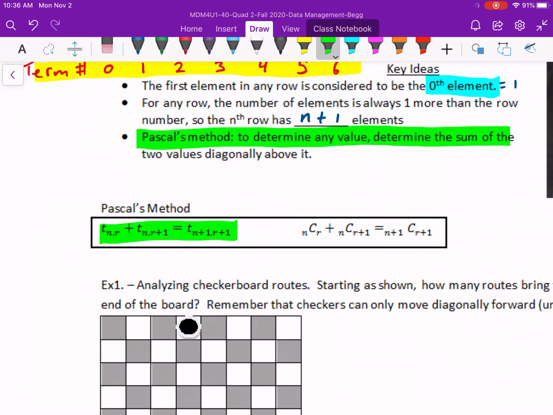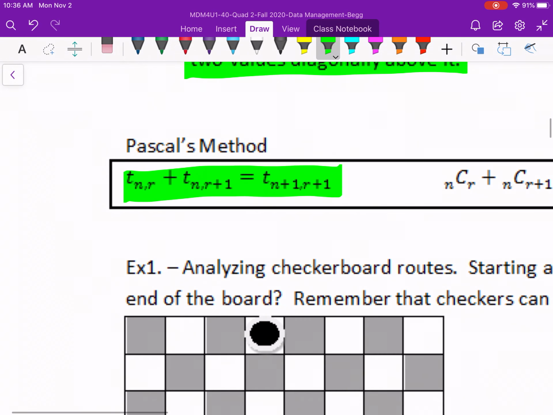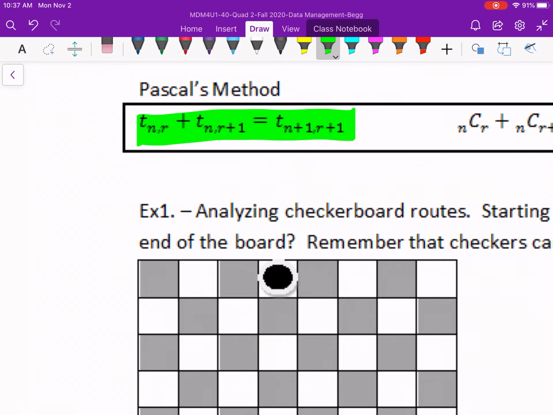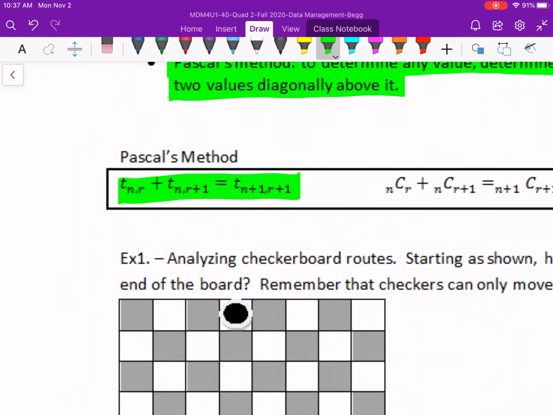Determine any value. So a little word about the terminology here. This T(n, r). We're letting n represent the row number and r represent the term number.